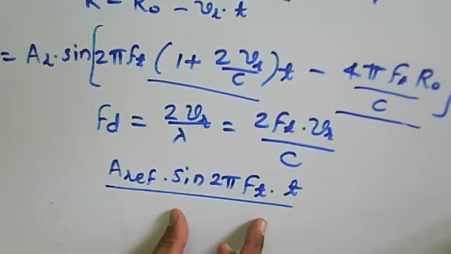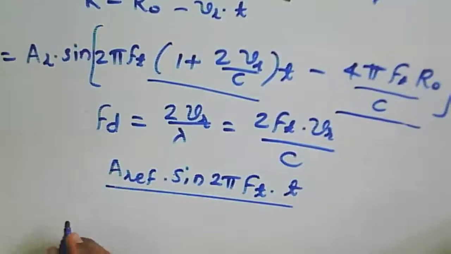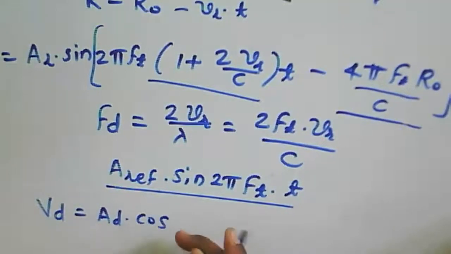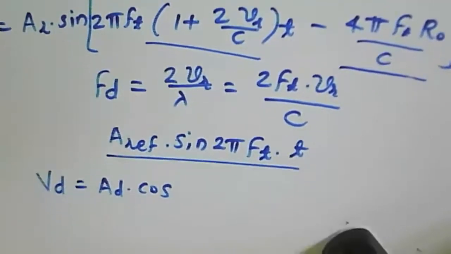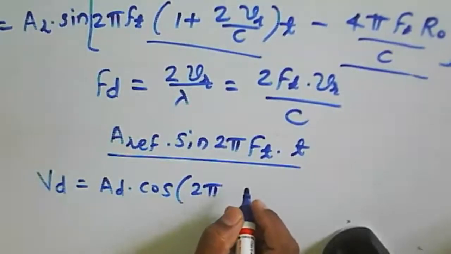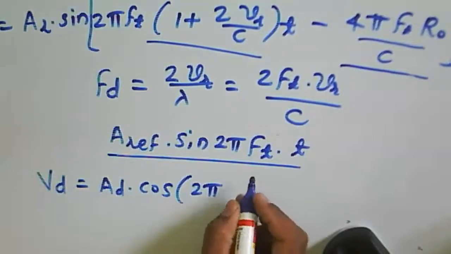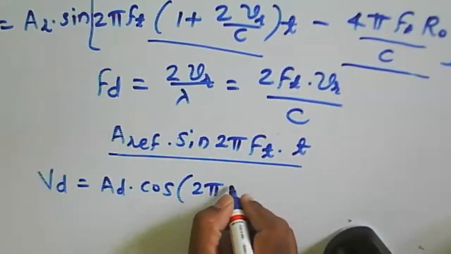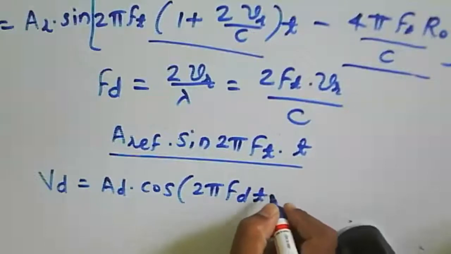And then at the receiver we are supposed to get a difference frequency component, Vd, which is equal to AD. We could write either a sine or a cosine; for clear understanding we are writing it both ways. For simplicity, people use the sine term, but generally it is considered with respect to the cosine term.